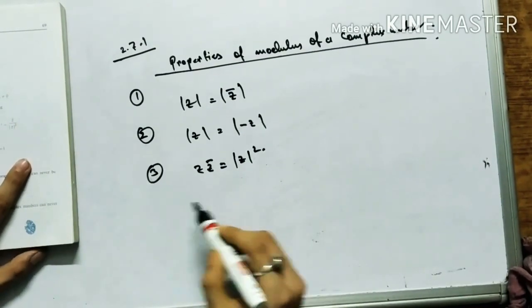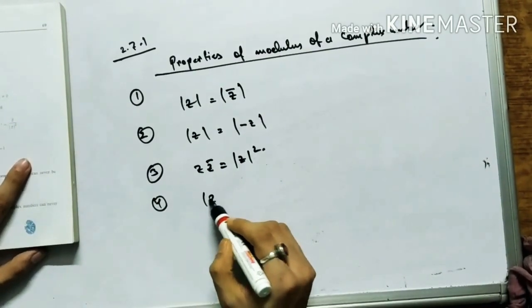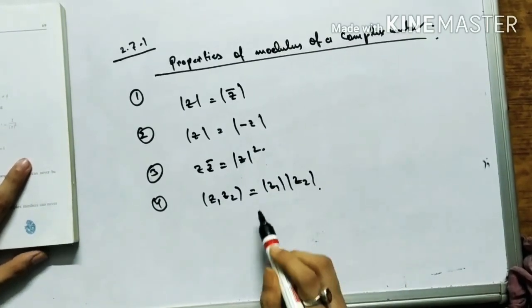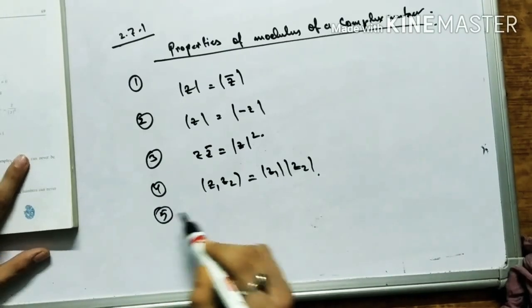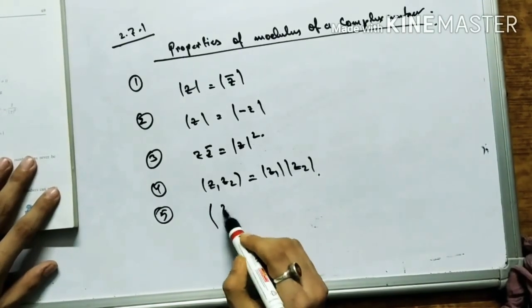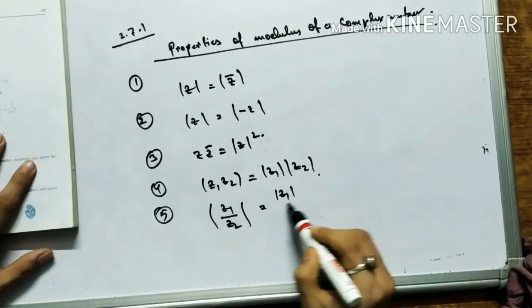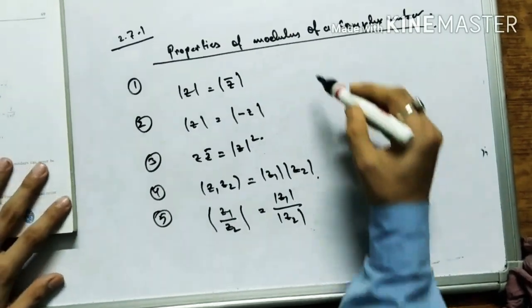Then number 4: modulus of z1 into z2 is equal to modulus z1 into modulus z2. Next, modulus of z1 by z2 is equal to modulus z1 by modulus z2.